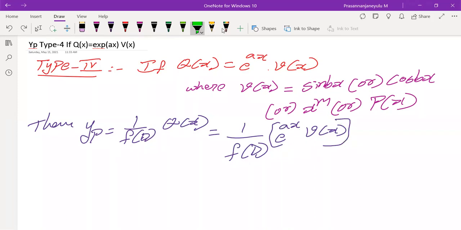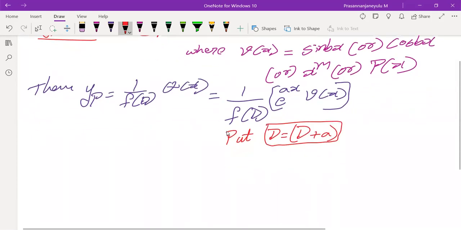But in this type 4, it is in the form of e power ax into v of x. So put d equals a in type 1, but here we have to substitute d equals d plus a. This is important.